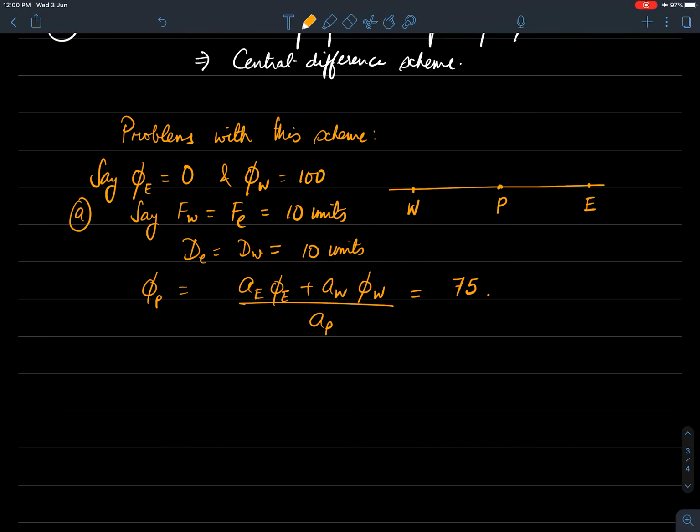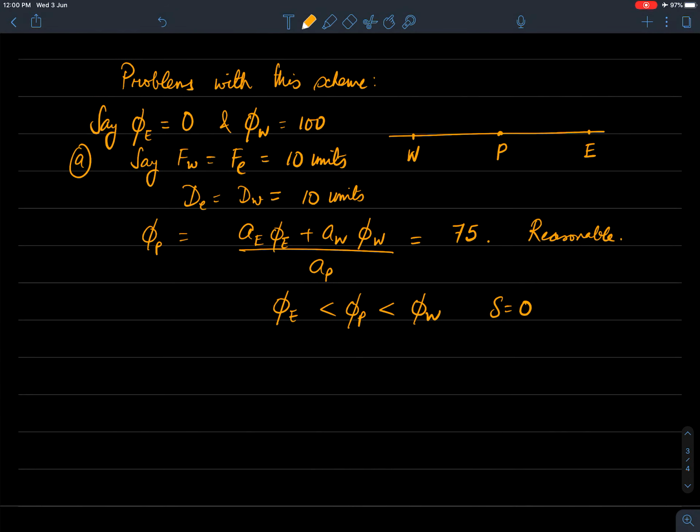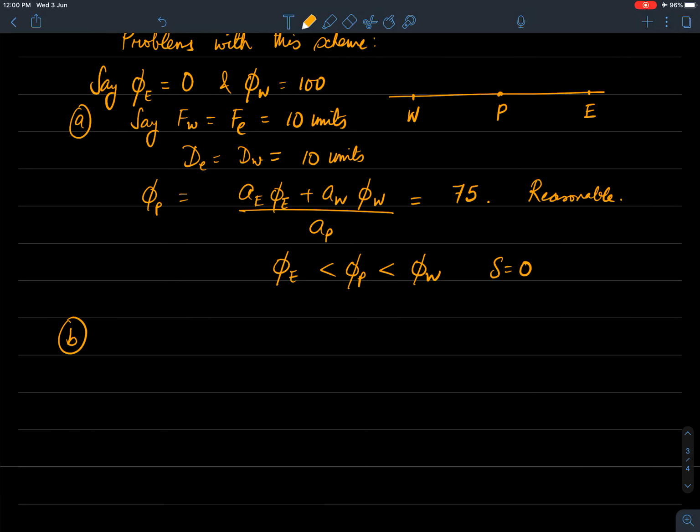Now this seems reasonable because phi P lies between the range dictated by the adjacent values, especially when S, the source term, is 0. So this is reasonable, physically realistic. But let me show you one other example.